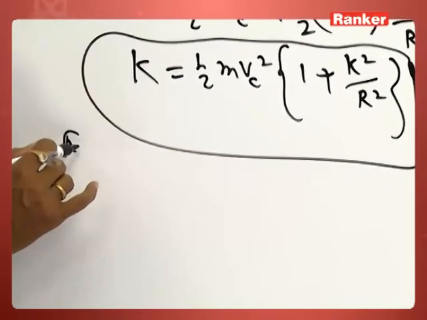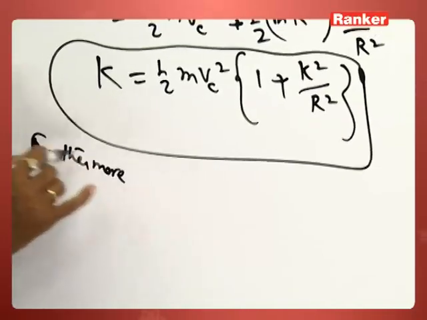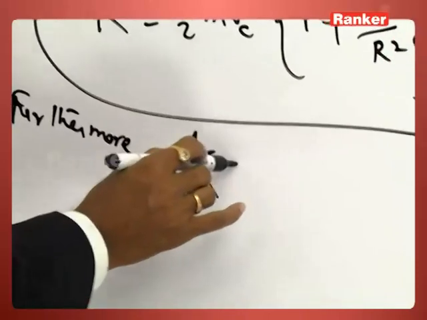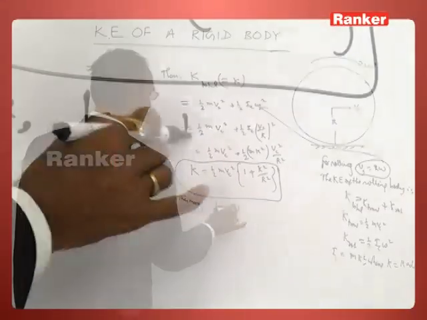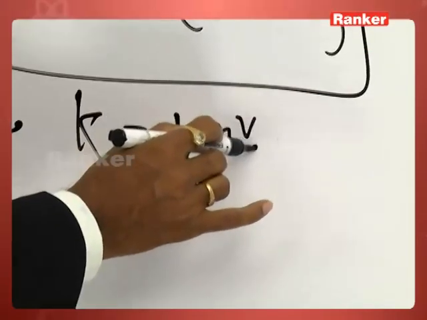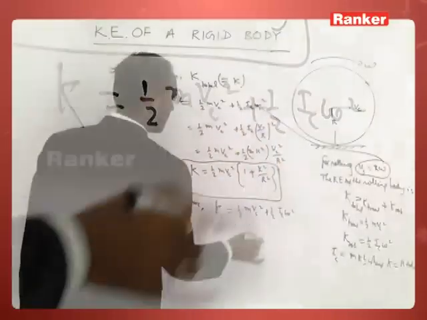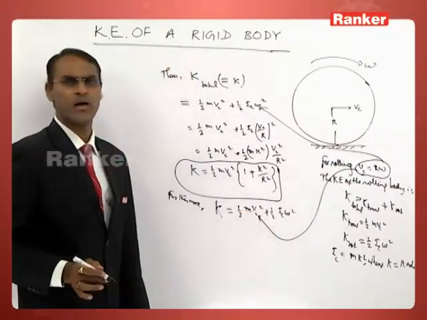Furthermore, we can write the total kinetic energy is equal to half m Vc square plus half Ic into omega square, and we can substitute Vc is equal to r into omega.